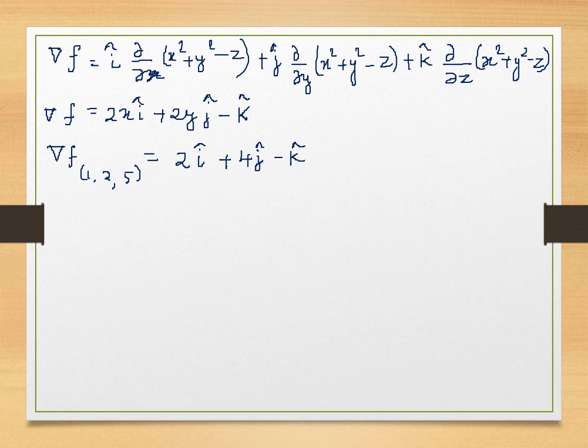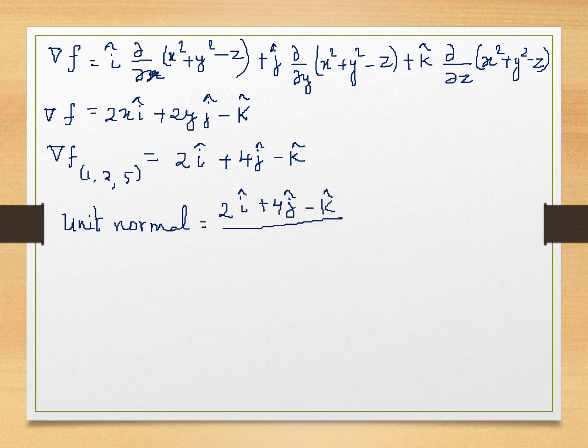Now for the unit normal vector, we take del f at 1, 2, 5, so 2 i cap plus 4 j cap minus k cap, and the mod of this one.